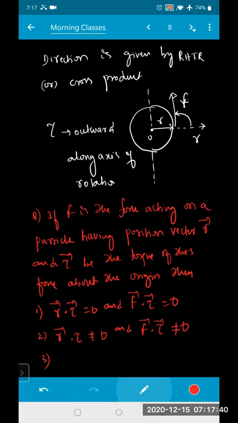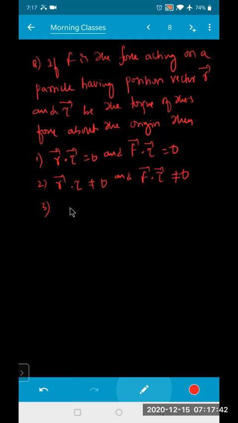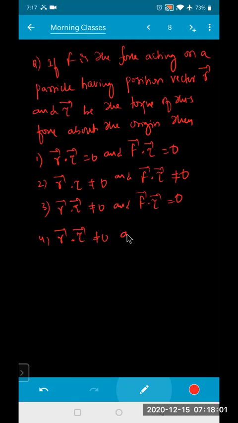Third option is R bar dot tau bar is not equal to 0 and F bar dot tau bar is equal to 0. Fourth option is R bar dot tau bar is not equal to 0 and F bar cross tau bar is equal to 0.